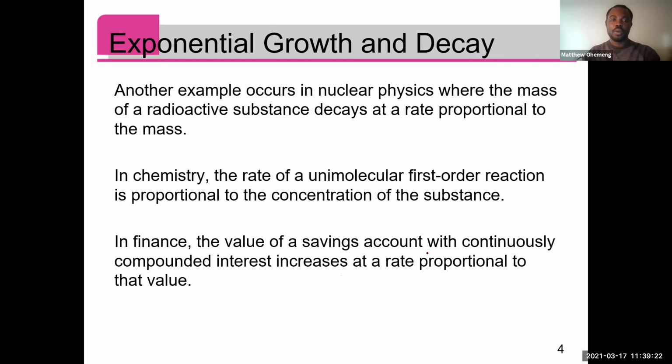Now, these are just examples. In nuclear physics, the mass of a radioactive substance decays at a rate proportional to its mass. In chemistry, the rate of a unimolecular first order reaction is proportional to the concentration of the substance. It will make more sense if you are working in that field or have encountered these problems.